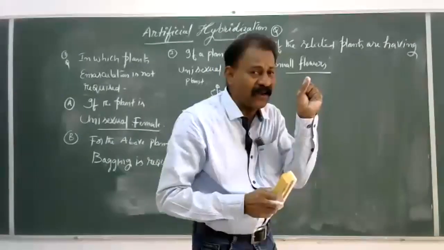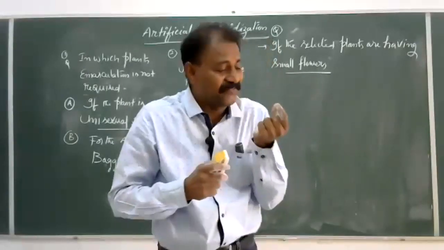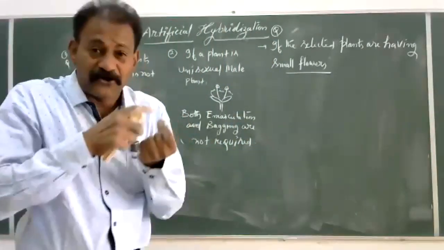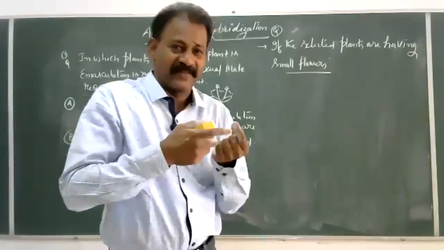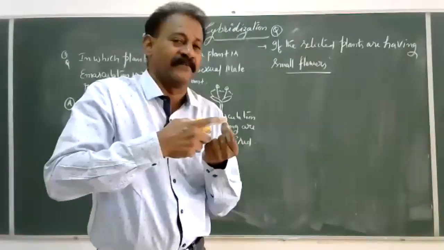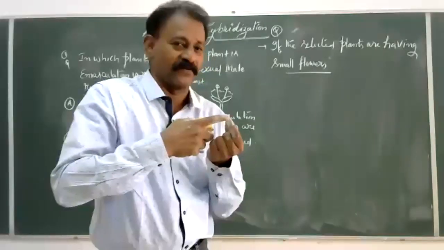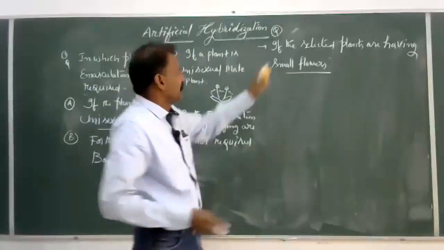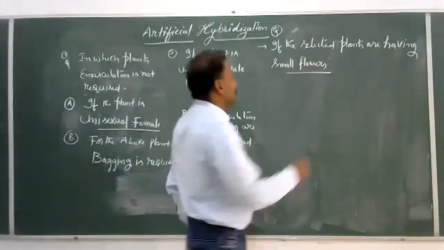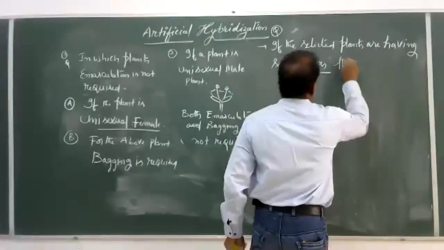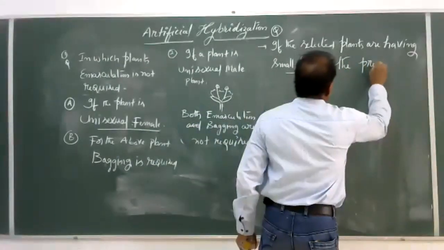They are so small that we are not in a position to open them and see everything. How to do emasculation? Now, if the selected plants are having small flowers, the process of emasculation changes.